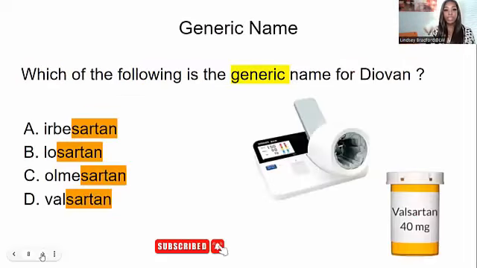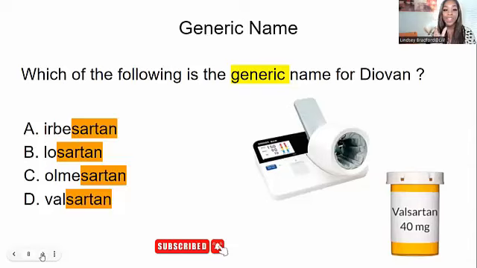Generic name. Which of the following is the generic name for Diovan? Valsartan, letter D. The generic name for Diovan is valsartan. You will also notice that all of them end in the suffix sartan, S-A-R-T-A-N.